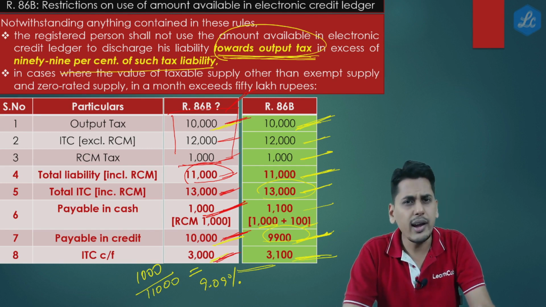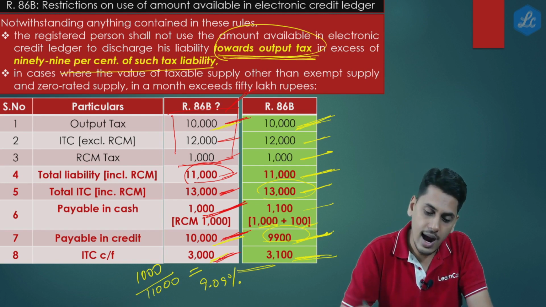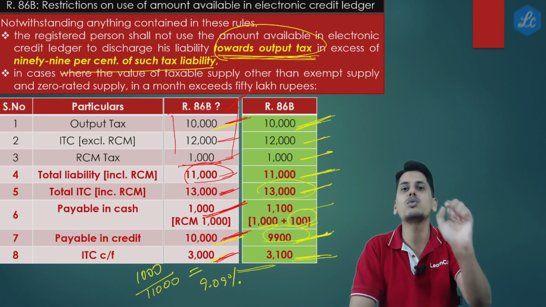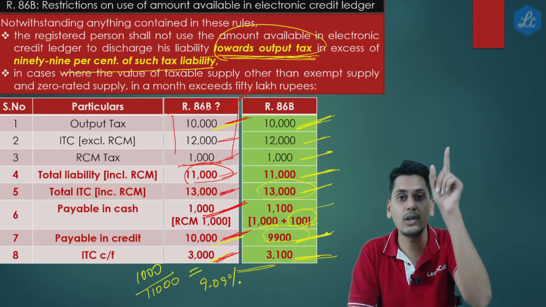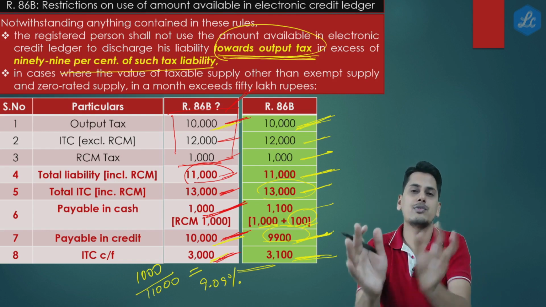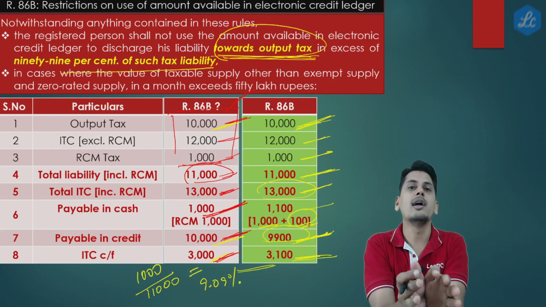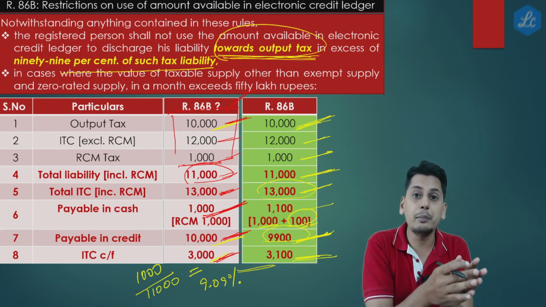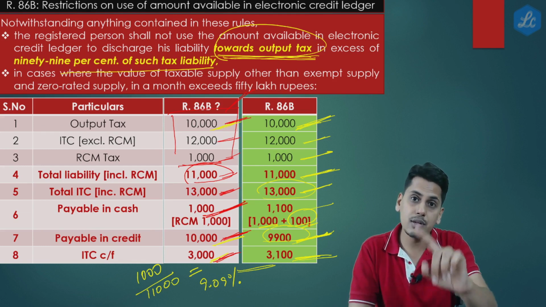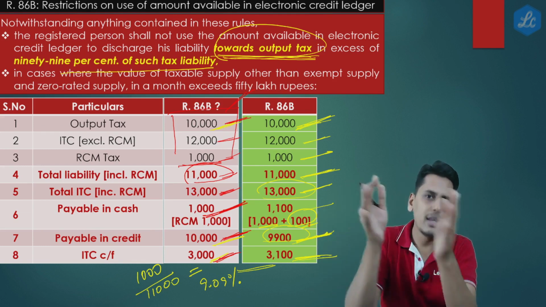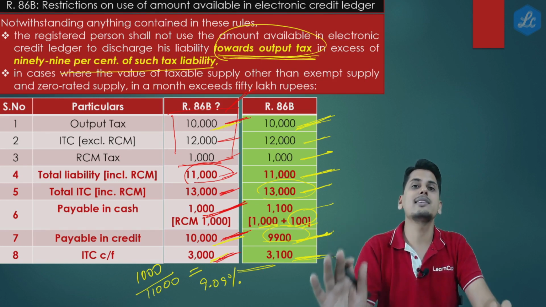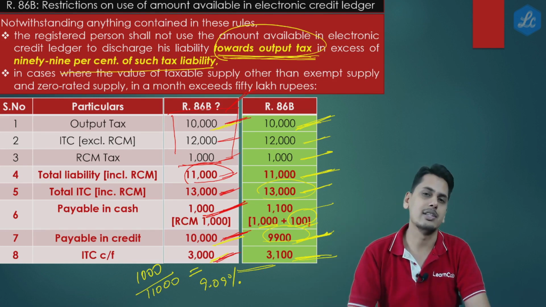Why is it excess over here? Because 100 rupees, you have paid it through cash ledger. You did not utilize the input tax credit. Rule 86B did not allow you to use this 100 rupees from your electronic credit ledger. So therefore, electronic credit ledger did not get debited to the extent of 100 rupees, which you have debited from your electronic cash ledger. So therefore, the cash which you have invested is lying as a closing balance in your electronic credit ledger.